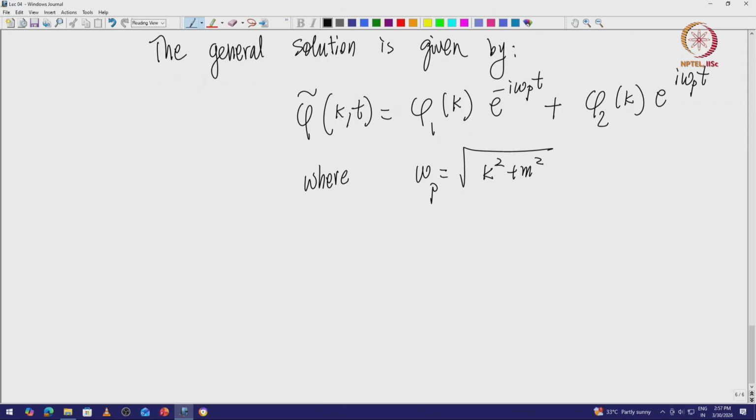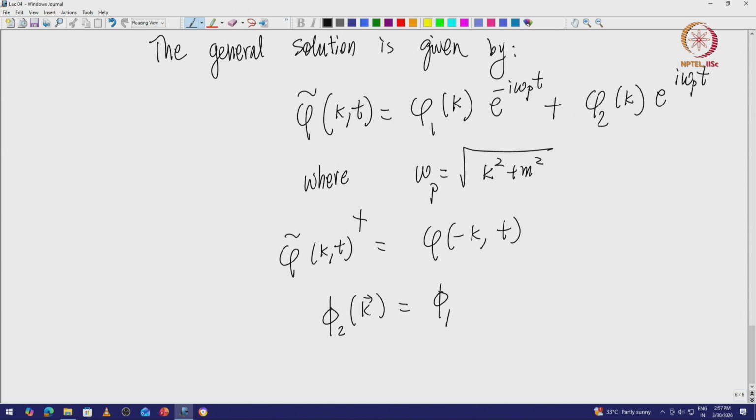And the reality condition, because we have phi tilde of k, t dagger is equal to phi tilde of minus k, t, gives phi 2 of k equals phi 1 dagger of minus k.